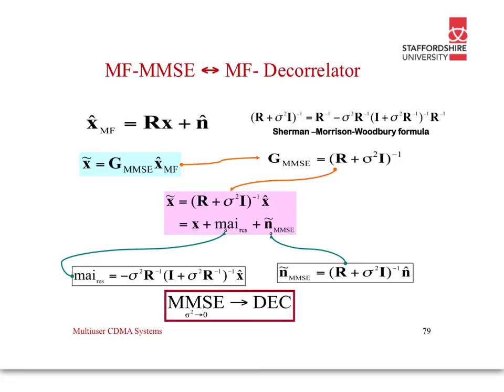This is a complex formula. It's called the Sherman-Morrison-Woodbury formula, and we multiply out this formula, working backwards. The X tilde is G minimum mean squared error times XMF.